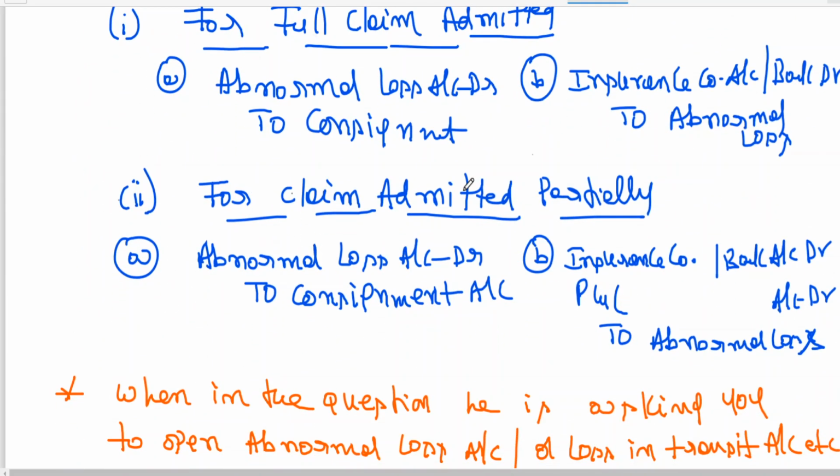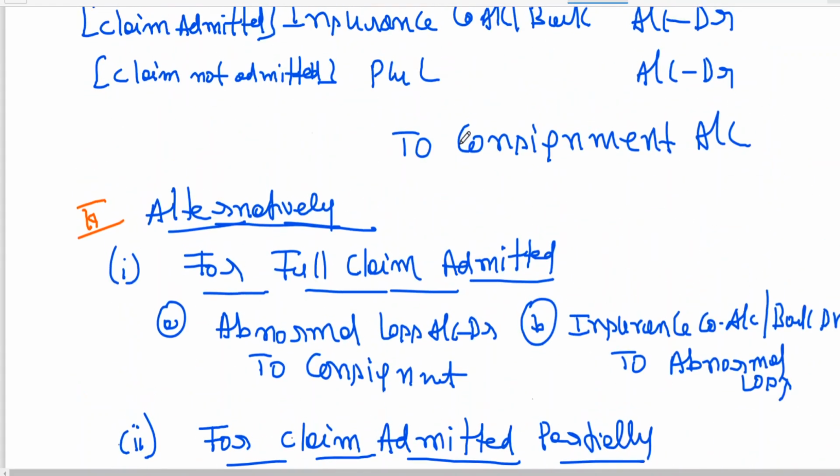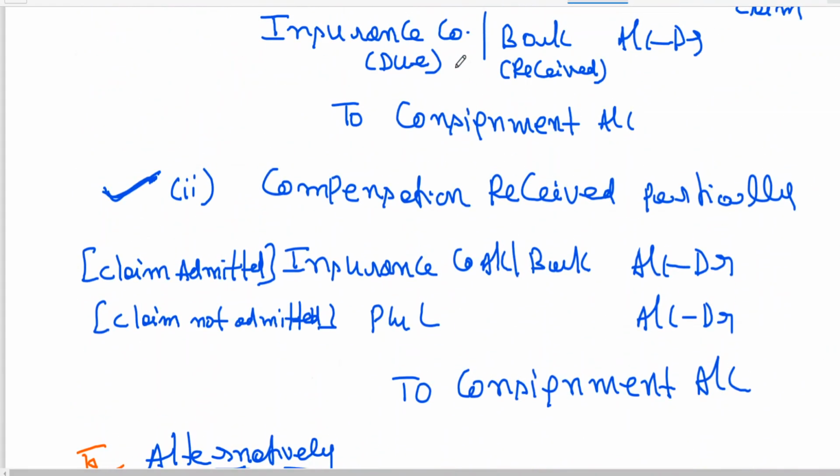You may say there is no insurance policy. Then the entire amount is transferred to profit and loss account. Generally, we are having problems on insurance policy. Nobody will take risk, I told you. Very rare cases. If there is no insurance policy, what will happen? The entire loss will be transferred. It will be credited to the consignment account, and the entire loss will be transferred to profit and loss account. Clear to all of you?